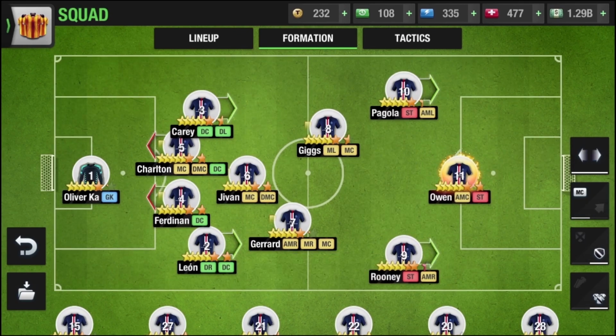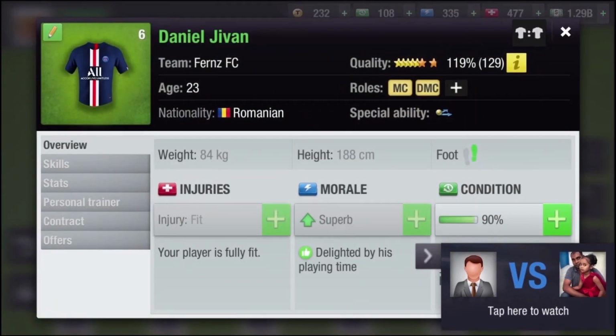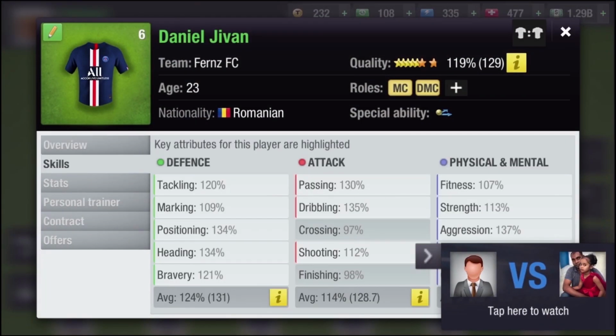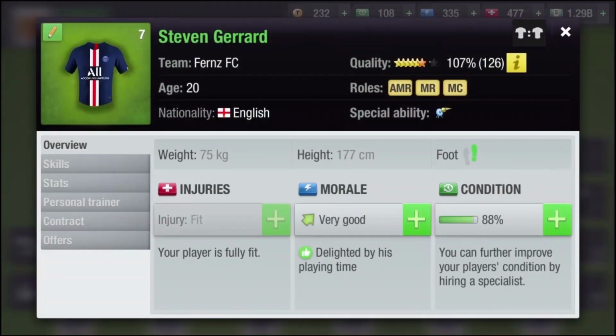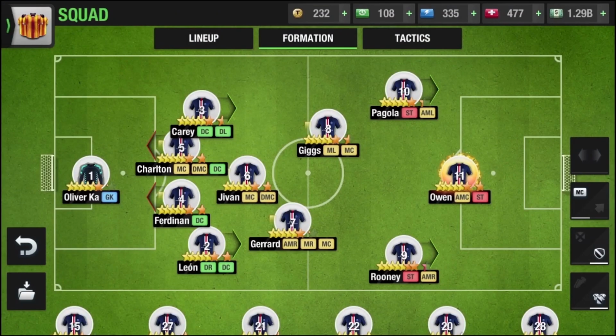What is important to notice here is that the one playing below the center line should have slightly higher defensive stats, so that he supports the mid winger, and the one that is playing above should have slightly higher attacking stats.